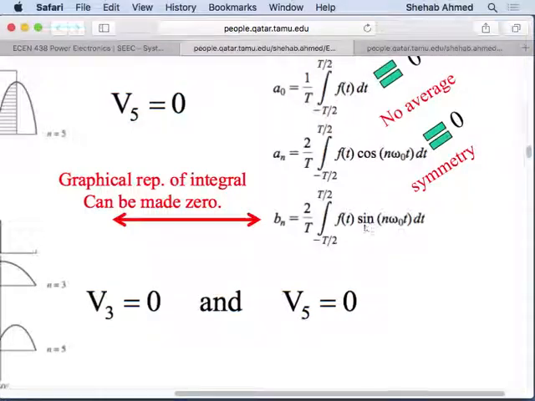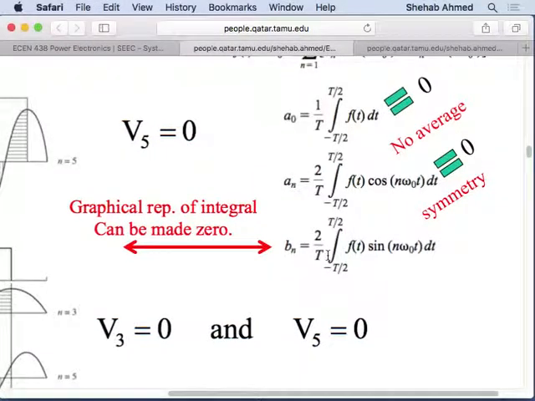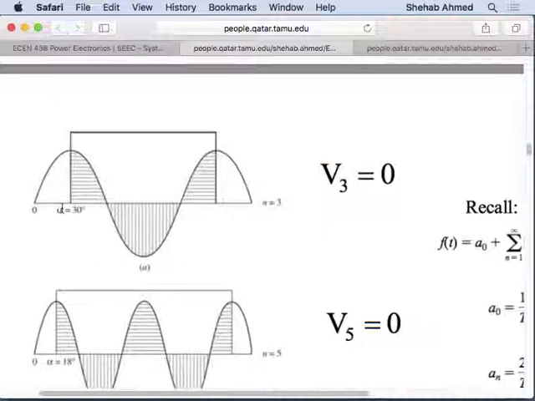If this multiplication is 0, then this integration will also be 0. So if I chose alpha to be 30 degrees, this area and this area and this area will sum to 0.